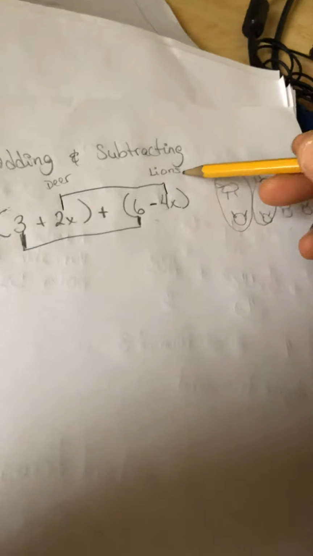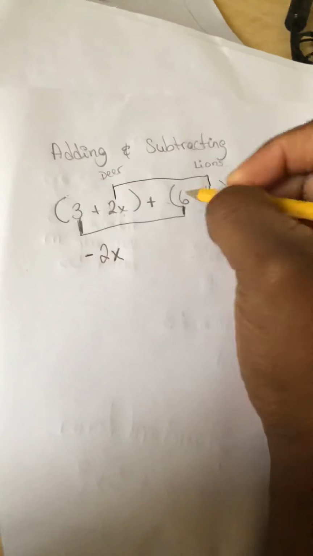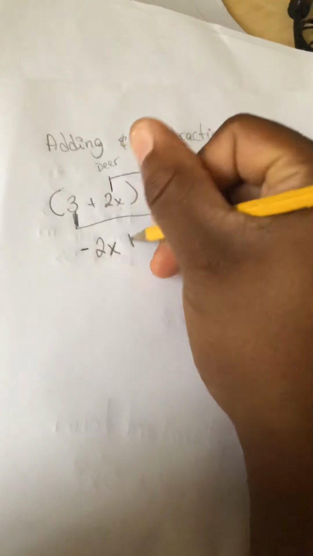Because lions are negative, that means I have negative 2. I'm going to put it in standard form one time because I know the variable comes before the constant. So I'm going to have negative 2x because I have to keep that variable. Then I just combine 3 plus 6, which is 9. And that's the answer.